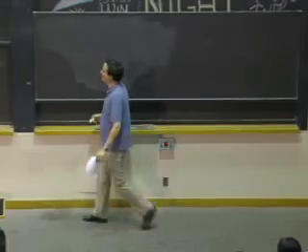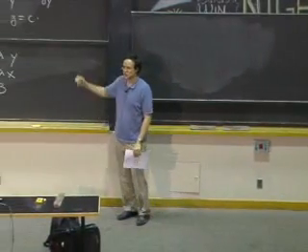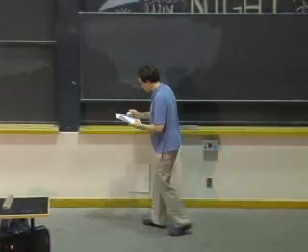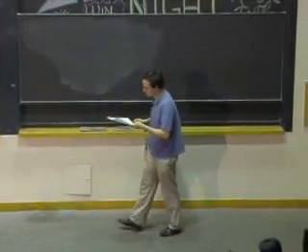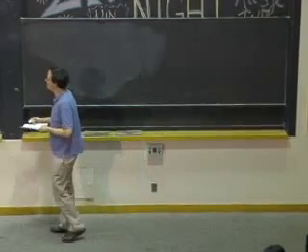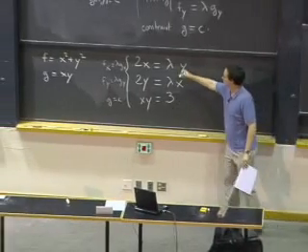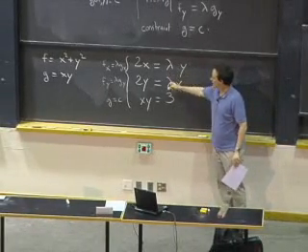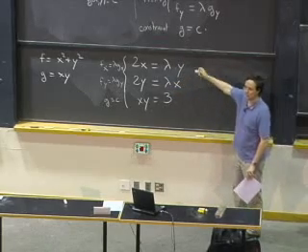So in this case, I claim we can actually do it without so much trouble, because we can think of this as a 2x2 linear system in x and y.